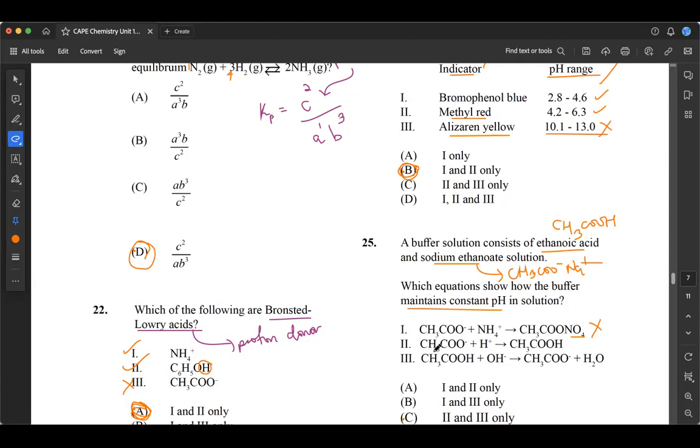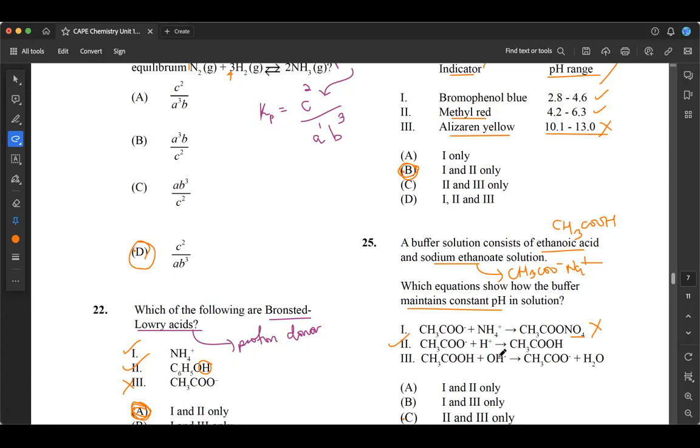Now let's look at 2. If we have our sodium ethanoate, so we have this ion here, and we add H plus to the system, then it's going to combine with this ion to form acid, and that would be a way to maintain the constant pH. So this is correct. Now, if we add in base, then the base would be what?